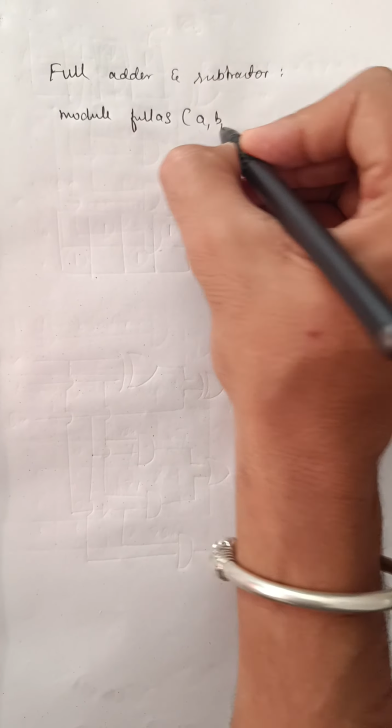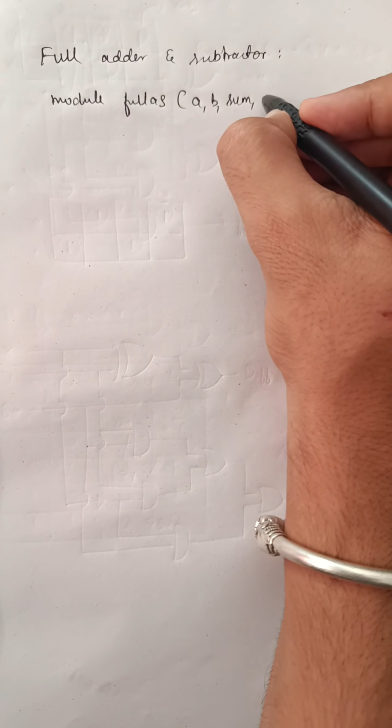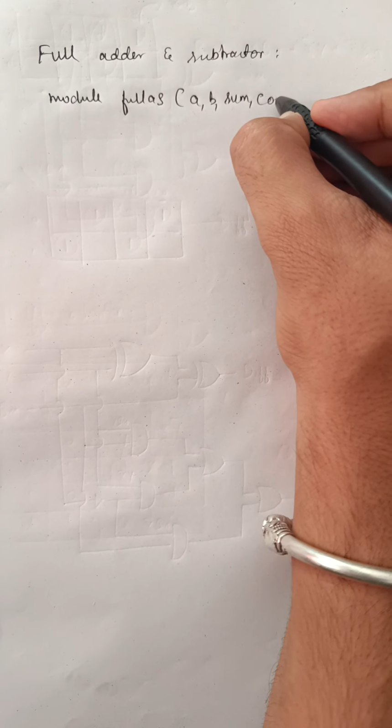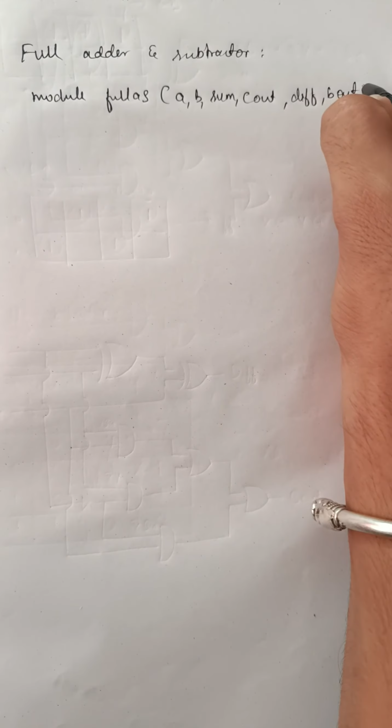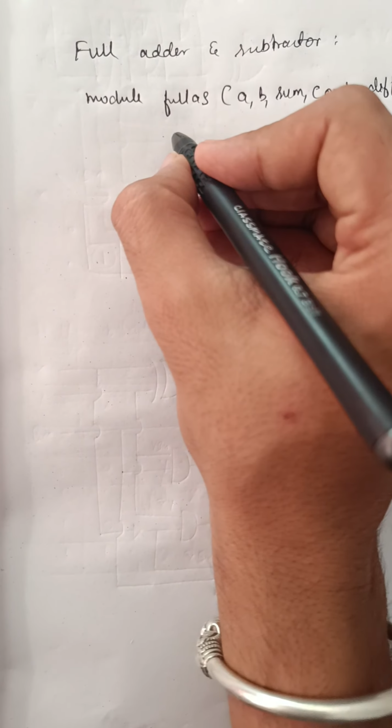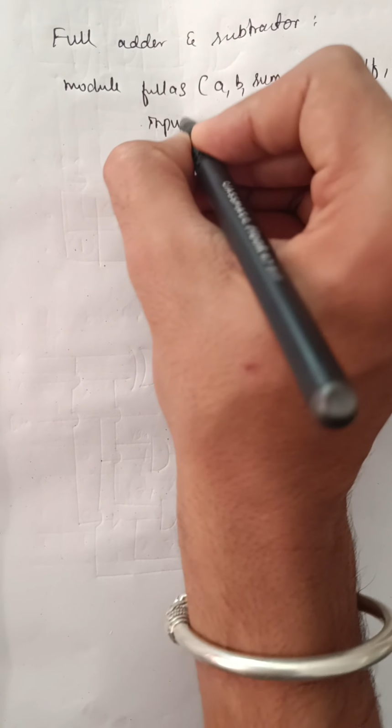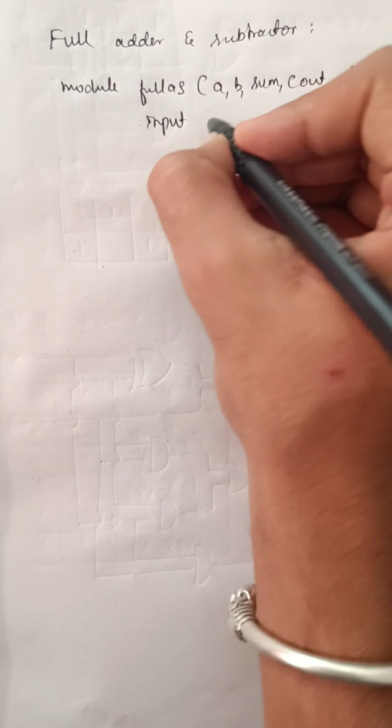Inputs are A, B, sum and carry, difference and borrow out. Here inputs are A, B, and here we will write C in and borrow in as inputs also.